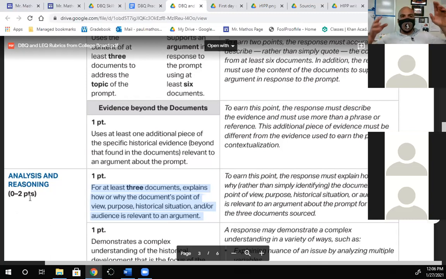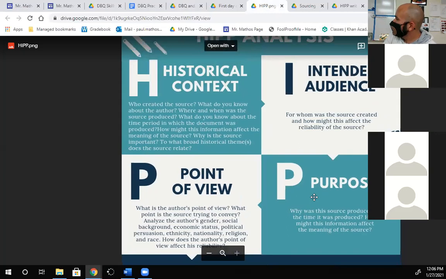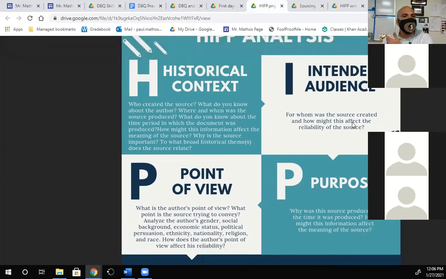HAPP is the same thing. HIPP is historical context, intended audience. But HAPP is just the same thing, just drop the intended. Who's the audience? Same thing. HIPP and HAPP, same exact thing.